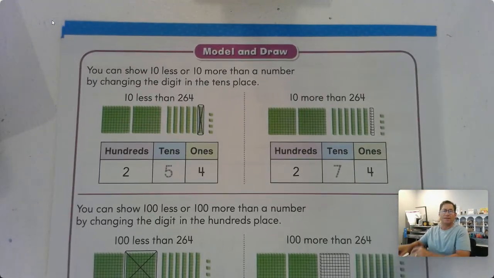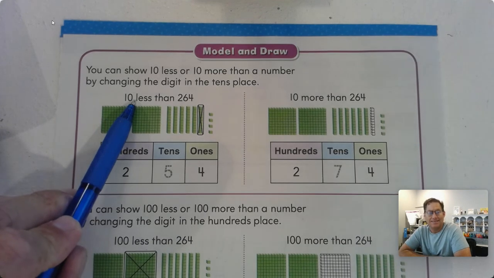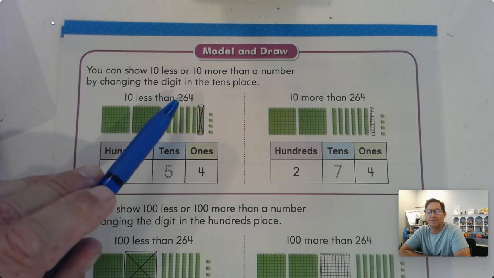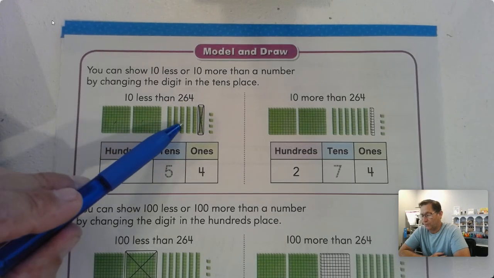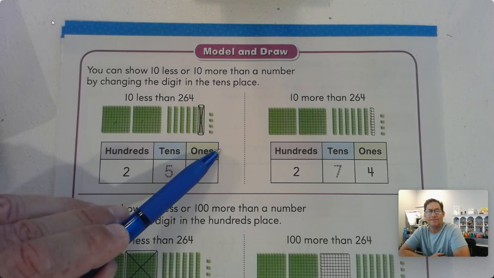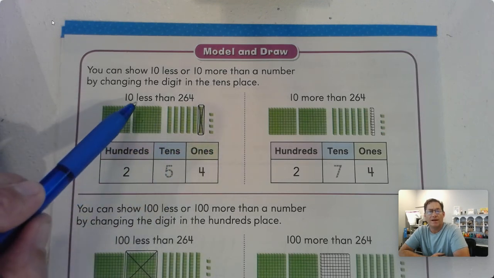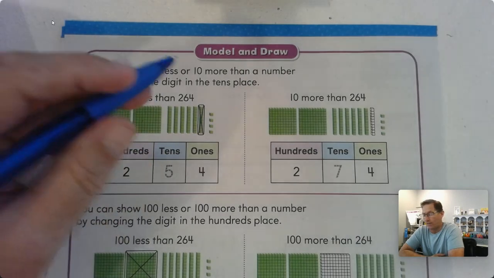So we can show 10 less or 10 more than a number by changing the digit in the tens place. Let's look at this number: 10 less than 264. We can draw a quick picture: 200, 1, 2, 3, 4, 5, 6 tens and 4 ones. So that's 264. But we have to show 10 less. Well, that means taking away one of the 10 rods, right?